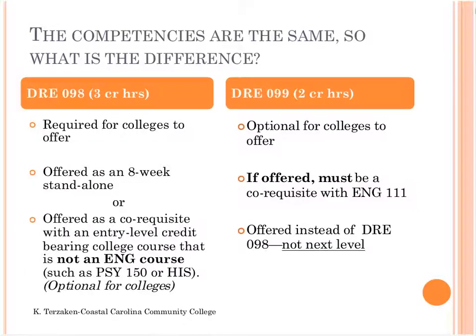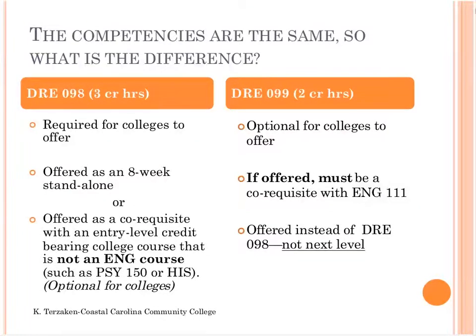That is how the models across the country look. I researched this in depth. This is really based off of the Community College of Baltimore County model, and in their model, 99 and 98 are on the same level, so the cut scores will be the same. The diagnostic test is being developed. The cut score will be the same for 98 and 99.